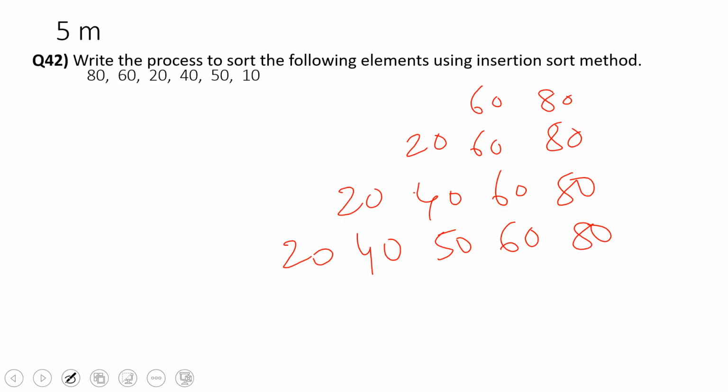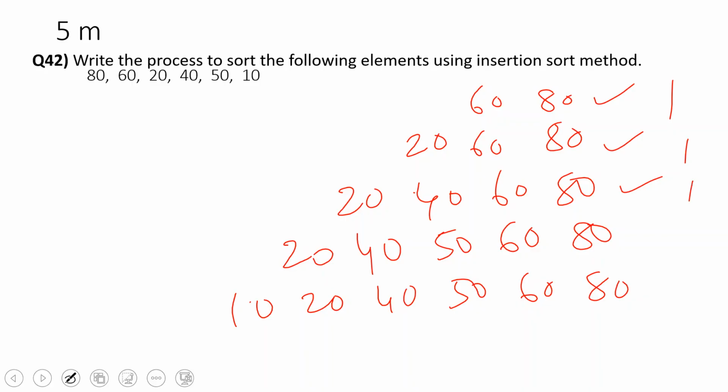Finally, the last step, 10, 20, 40, 50, 60, and 80. Like this you have to write. Each step will give you 1 mark, 1 mark, 1 mark, 1 mark, 1 mark. What is the total number of marks? 5 marks. This is what I call the trace.